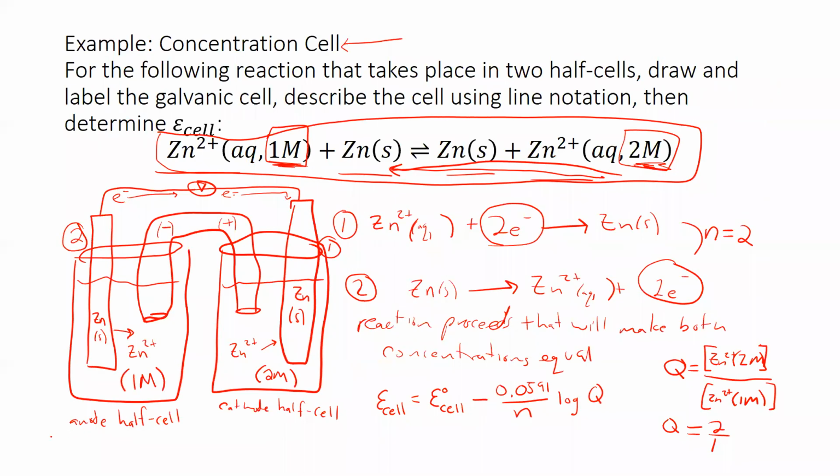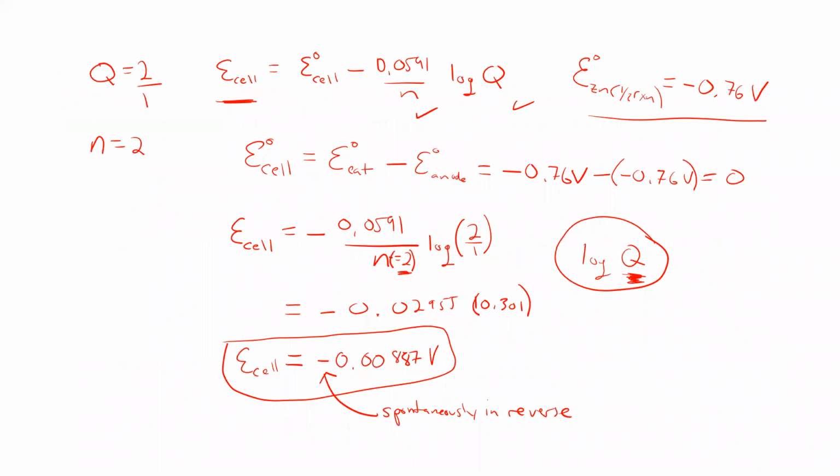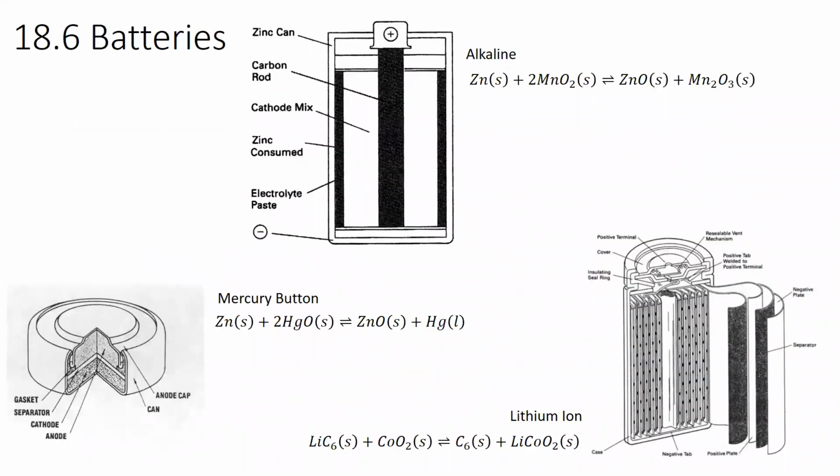But remember, they're isolated in two different cells separated from each other, and that's how we are able to harness this reaction to get those electrons to flow to eventually do some sort of electrical work with those electrons as they flow.